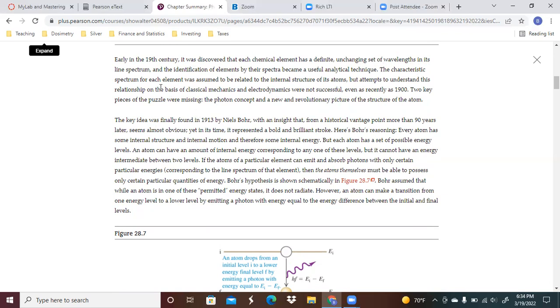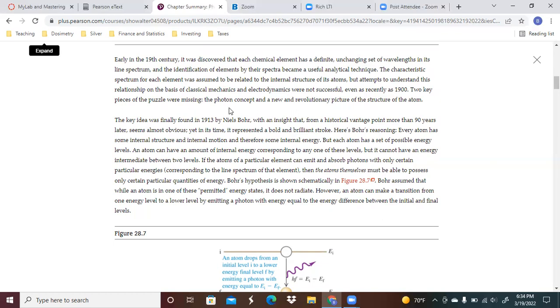The characteristic spectrum of each element was assumed to be related to the internal structure of its atoms, but attempts to understand this relationship on the basis of classical mechanics and electrodynamics were not successful. In other words, neither of those techniques was able to discern what's going on.